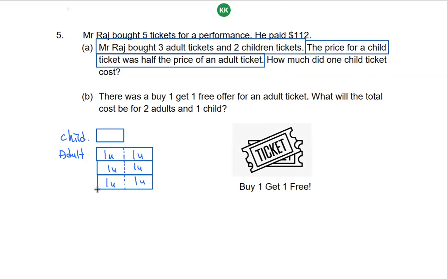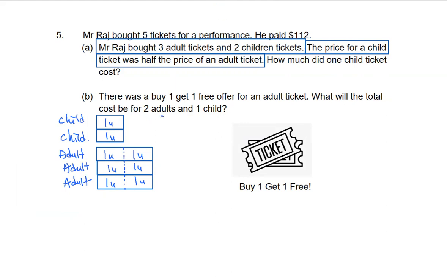And 2 children tickets. So 1 child ticket is 1 unit. 2 children tickets will be another 1 unit. This is 2 children. Right? So there are 2 children and 3 adults. You see, 3 adults, 2 children.